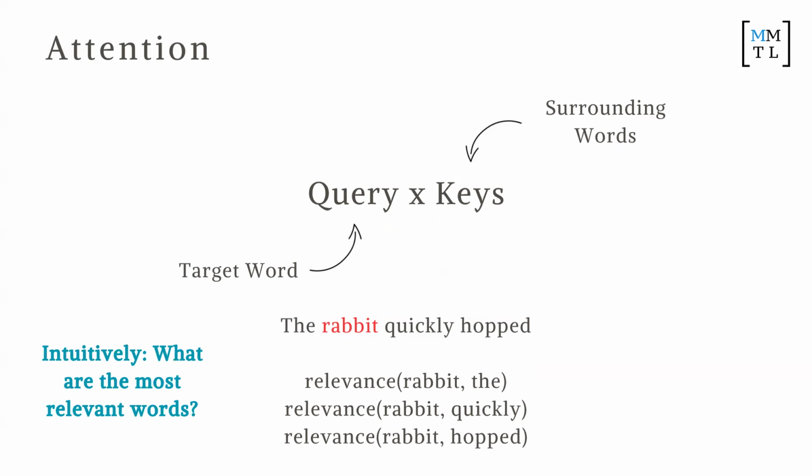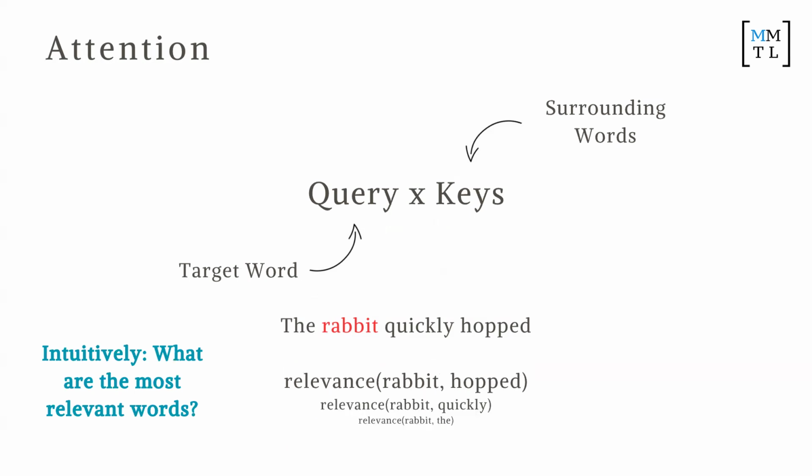We'll have a visual example so you can visualize this in your head forever. It looks at the relevance between rabbit and the, between rabbit and quickly, and between rabbit and hopped. And then it decides that rabbit and hopped are very critical, rabbit and quickly is less critical, and rabbit and the is even less critical.